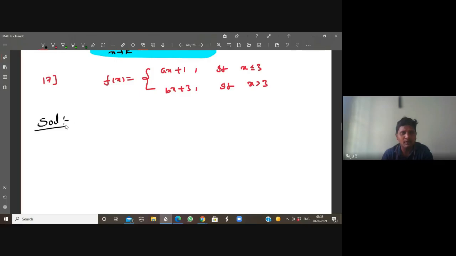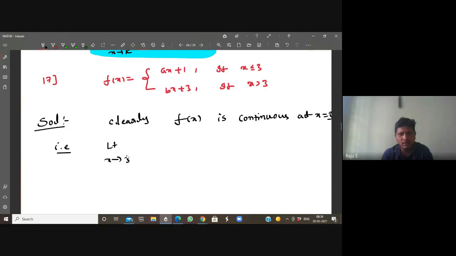Clearly f of x is continuous at x equal to 3. That is, limit x tends to 3 minus f of x equals limit x tends to 3 plus f of x equals f of 3.